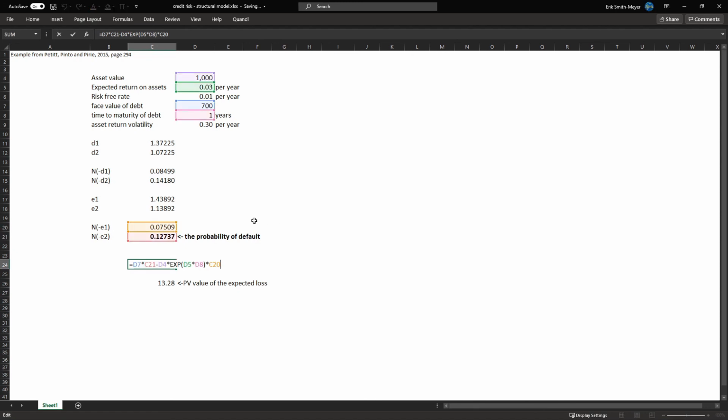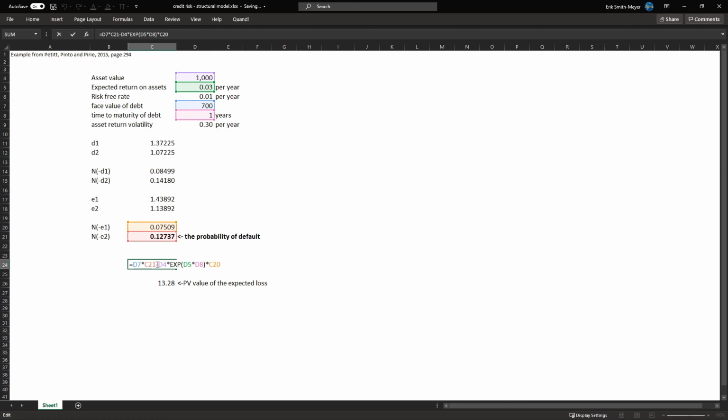The expected loss is the face value of debt times N of negative E2 minus the asset value times e to the 0.03, which is the expected return on assets, times the time to maturity of debt, times N of negative E1.